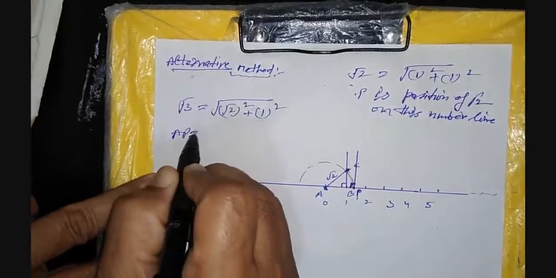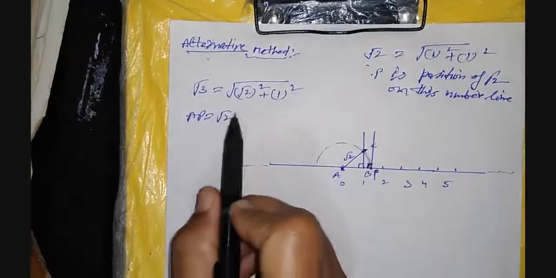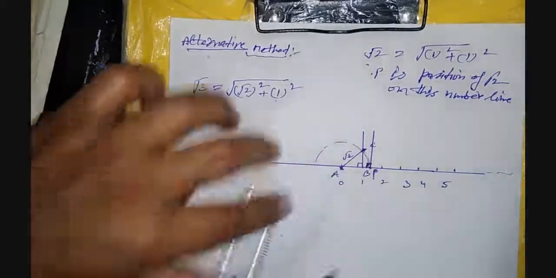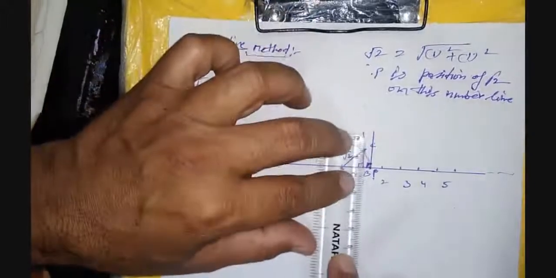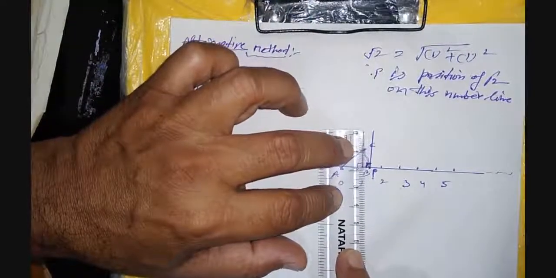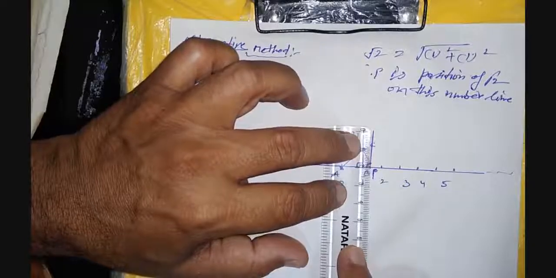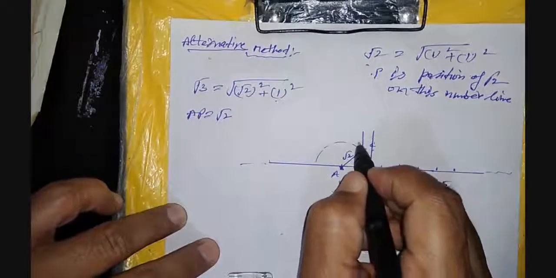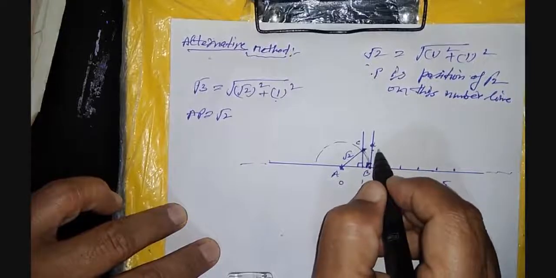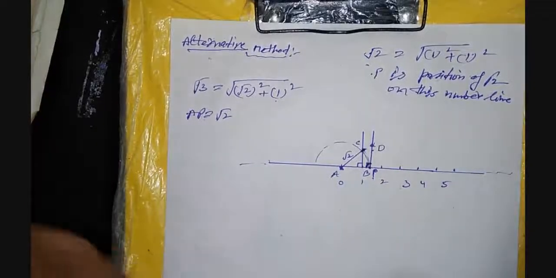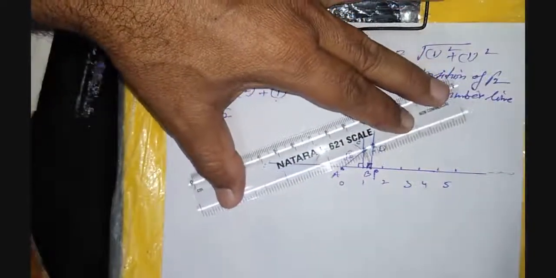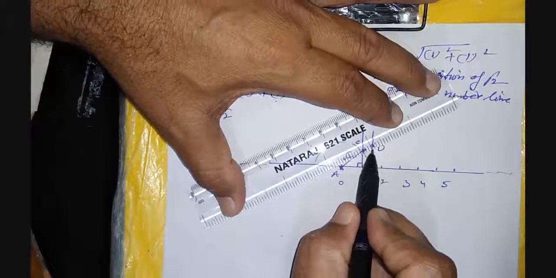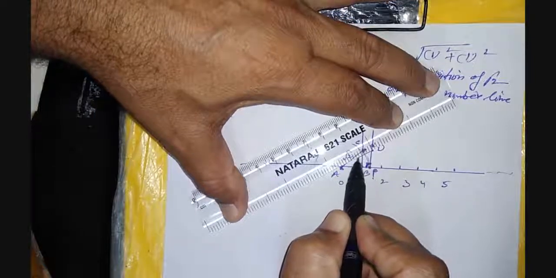Here AP is root 2, and our second value is 1, so take on this line a distance of 1 unit, and we can give this point any name, D. It is our origin, and this may be our hypotenuse.